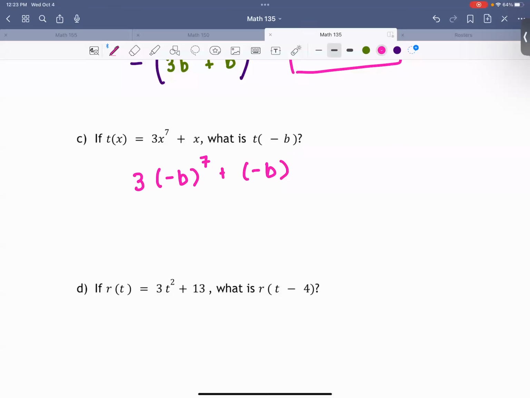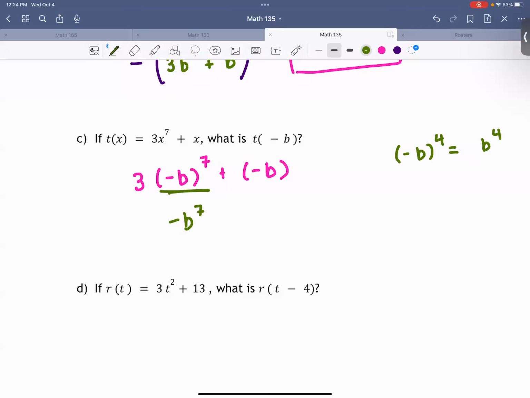Okay, so this actually isn't completely simplified because I can take this one more step. What is negative b to the 7th power? Negative b to the 7th power, right? And that's because the 7 here is odd. Now, if the question was negative b to the 4th power, it'd be positive b to the 4th power because the 4 is even.